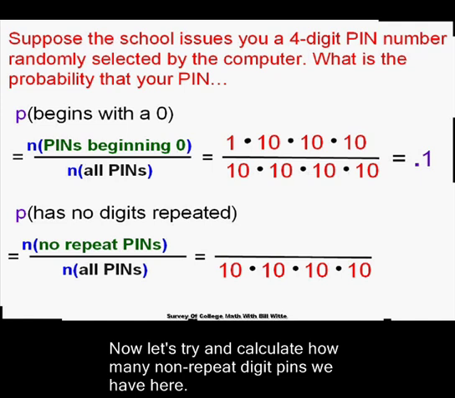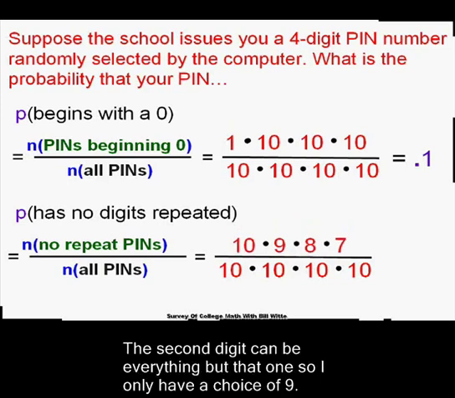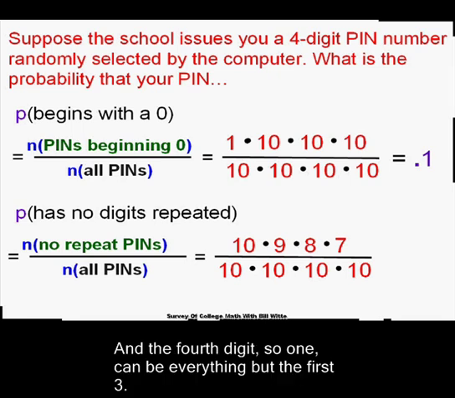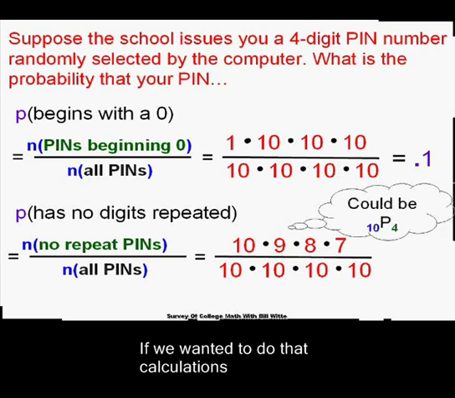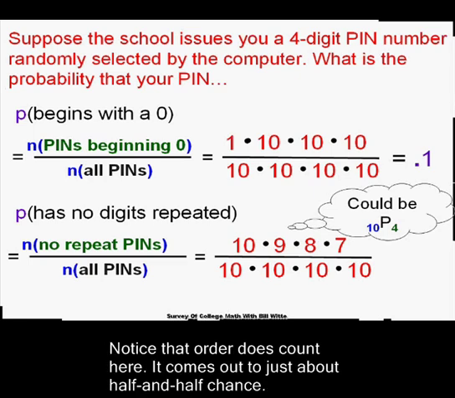The first digit can be anything, it just can't repeat, so that'll be a 10. The second digit can be everything but that one, so I have a choice of 9. The third digit can be everything but the first two, so I have 8. And the fourth digit can be everything but the first 3. If we do that calculation, we could have used a permutation of 10 things taken 4 at a time, couldn't we have? It's all a matter of how you want to do it. But you get the idea, and notice that order does count in this case.